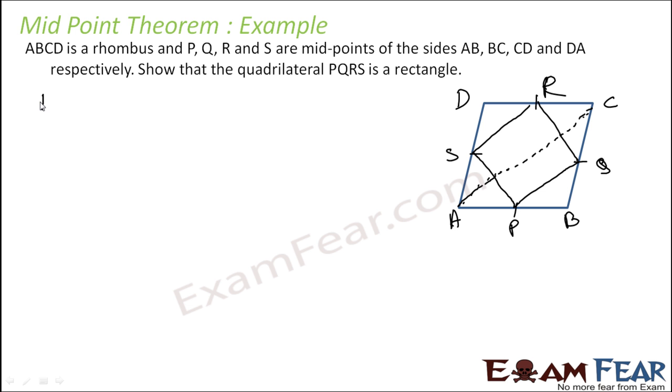See, we have proved that PQRS is a parallelogram, just now we have proved that. ABCD is a rhombus, that means it is a parallelogram also. So PQRS is a parallelogram. Now we have to prove that PQRS is a rectangle. That means one of the angles is 90 degrees. That is what we have to prove.